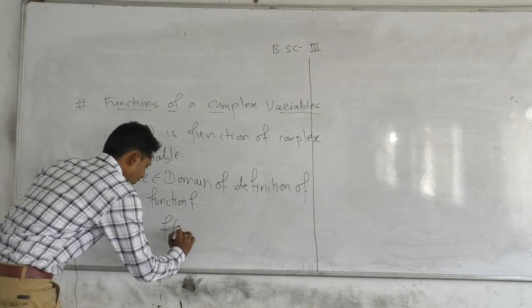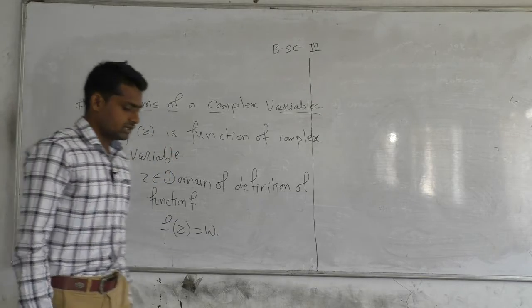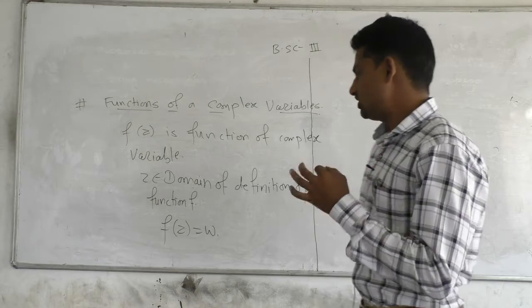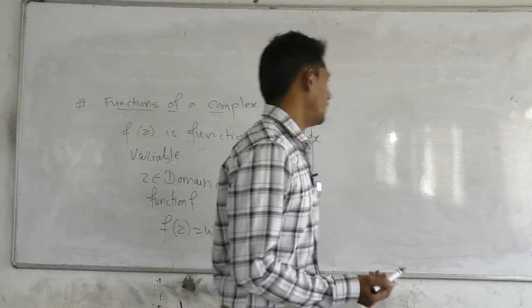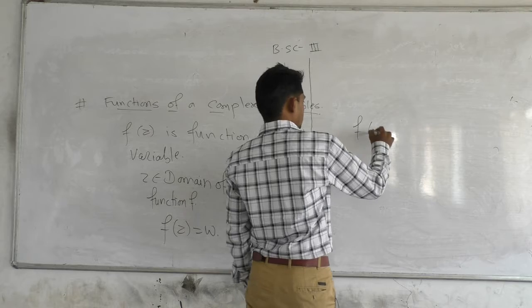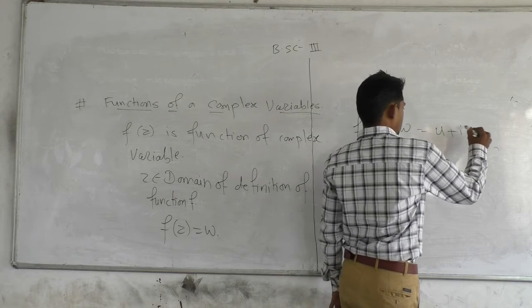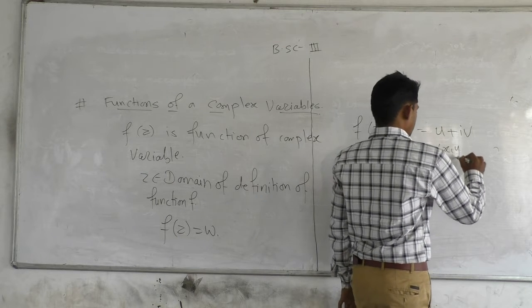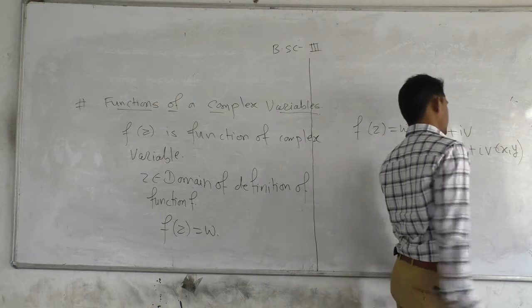Also, f of z is equal to w, where w is the image of the function f at point z. So it can also be written as f of z = w = u + iv, or u of x,y plus i v of x,y.